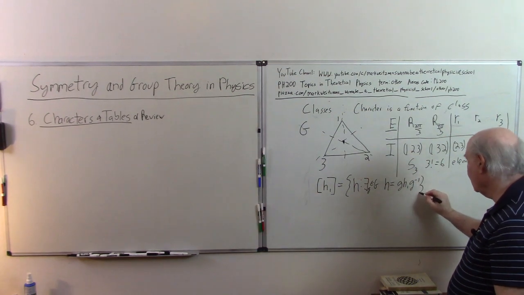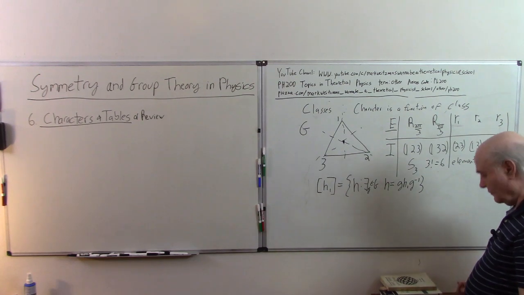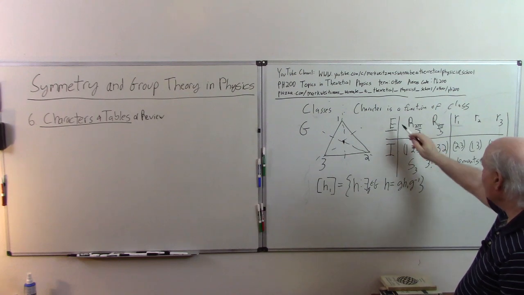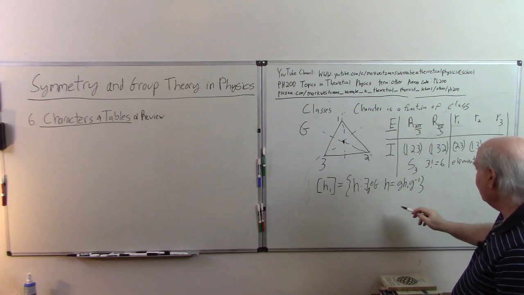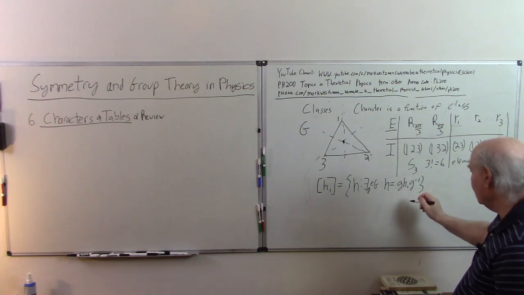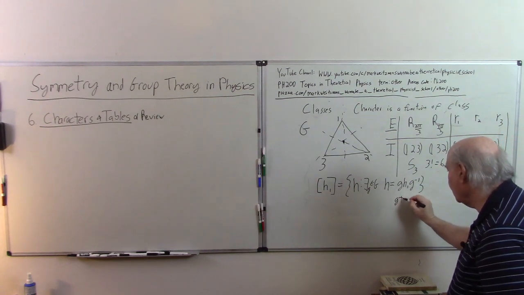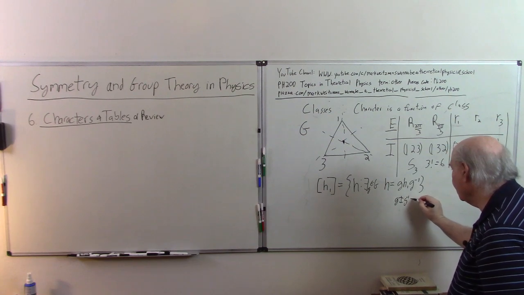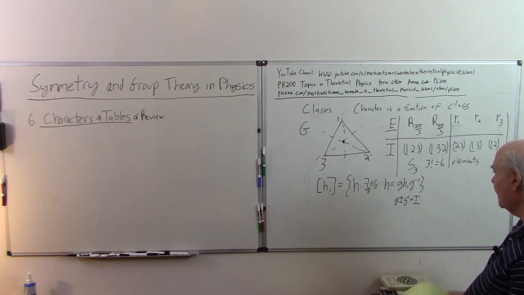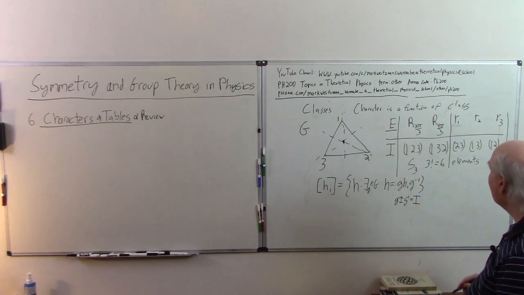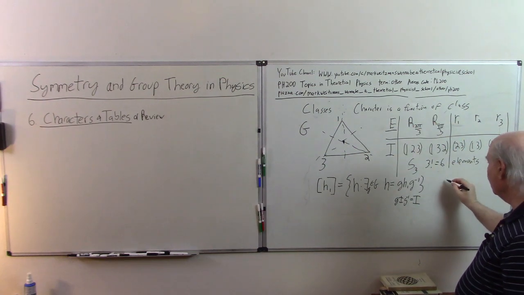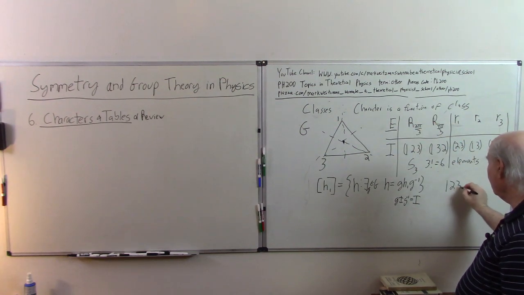So this is a set. The reason why the identity element is always in a class by itself is that if H1 is the identity, then G times the identity times G inverse is equal to the identity. So H is always the identity. That explains that. But if you were to take an element like (1 2 3), you would look at all elements.